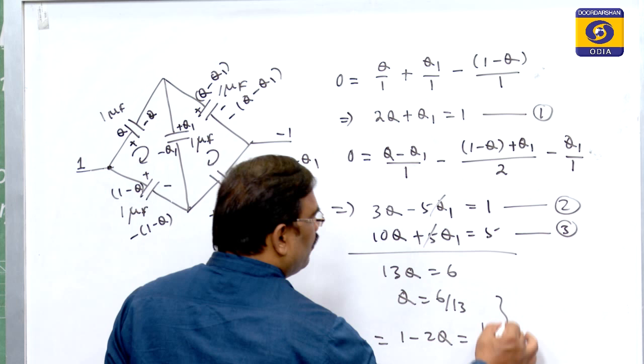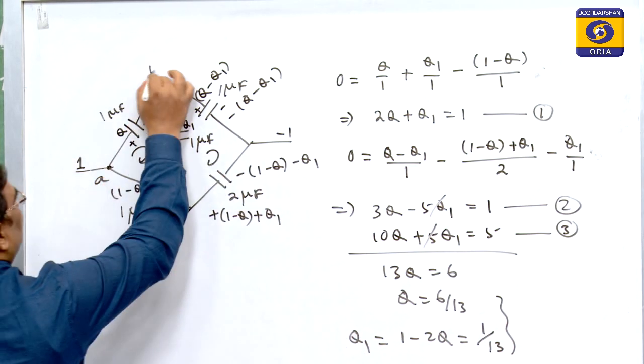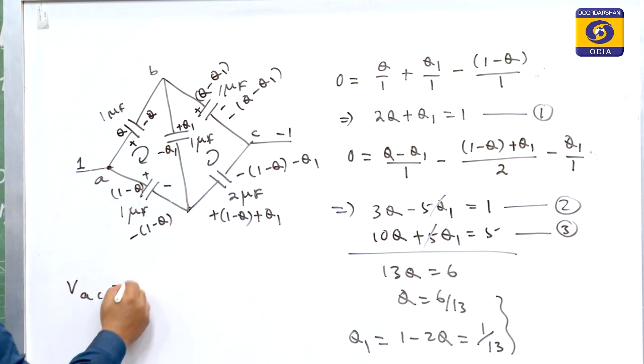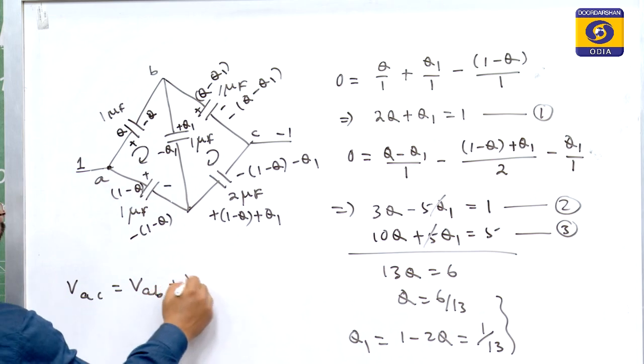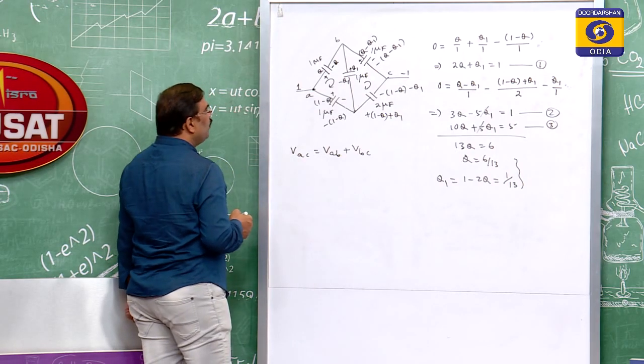So, knowing the values of Q and Q1, now we can find out, suppose this is A, this is B and this is C. So, V AC equal to V AB plus V BC. So, V AC is how much?